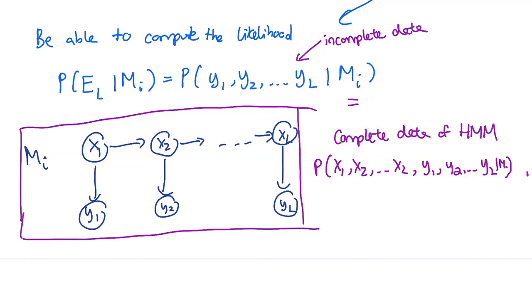We need Mi. Well, Mi is given, so you already have Mi. If you think of it as the state transition matrix, the emission matrix, and the initial probability matrix, this is all given to you.